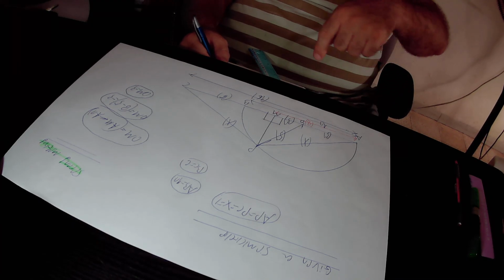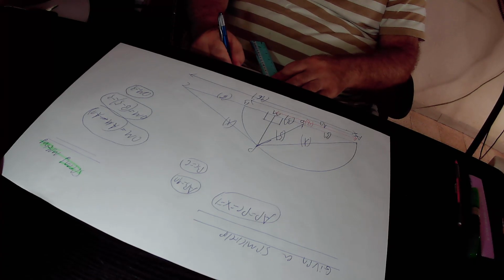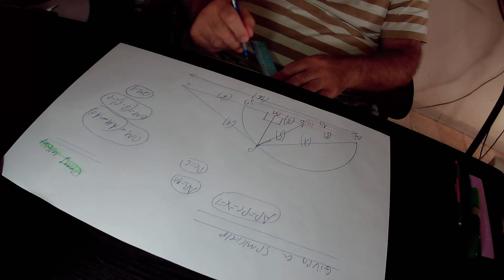The hypotenuse PO equals 5 units in its length, OM equals 3 units in its length, and PM is the missing side.